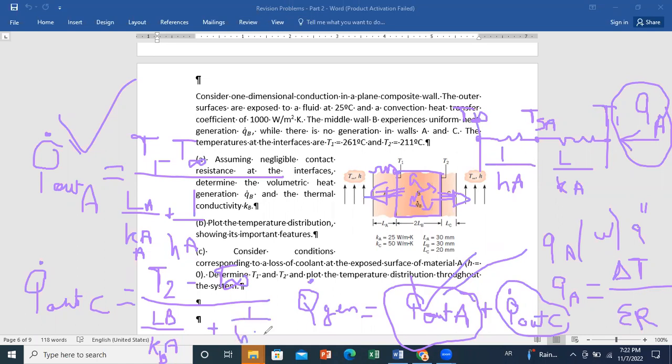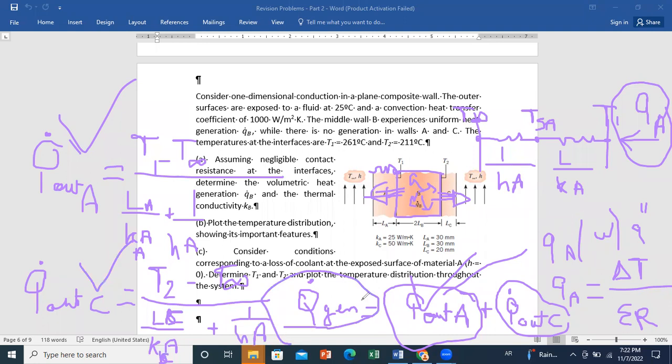You have all your inputs here. You have your temperatures, you have the lengths of parts A and C, you have the conductivities of parts A and C. You just replace, so you can calculate Q dot out from side A and Q dot out from side C, and then you will be ready to find Q dot generation.